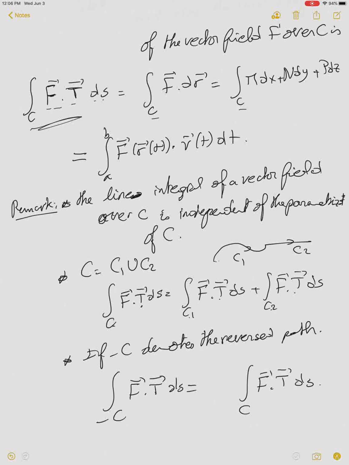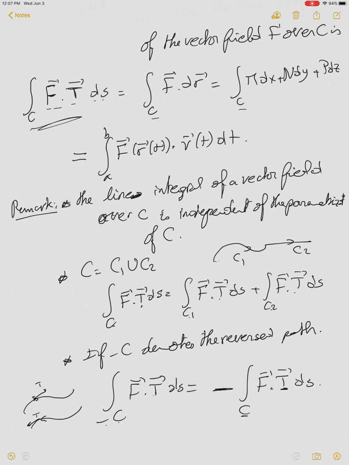Now this is the unit tangent vector to the motion with respect to minus C. This is the unit tangent vector to the motion with respect to C. So if I'm moving this way, this is T. And if I'm moving the other way, this thing here, this is T. So I expect here to have a minus.